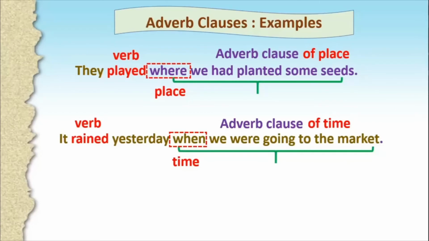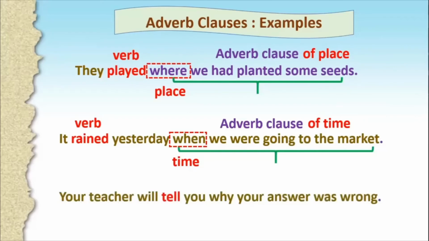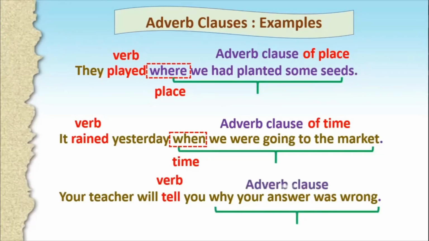Simple, isn't it? Next example, your teacher will tell you why your answer was wrong. So tell here is the verb. Why your answer was wrong is the adverb clause. What kind of adverb clause is it?